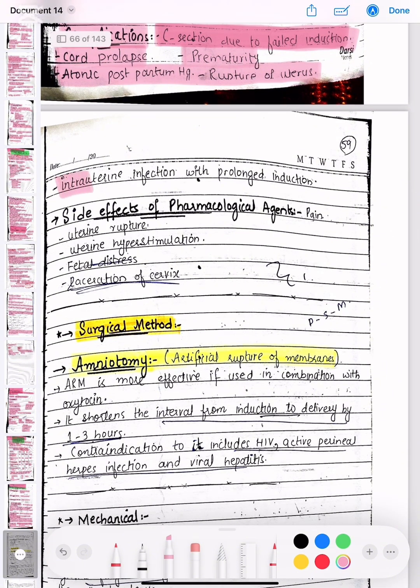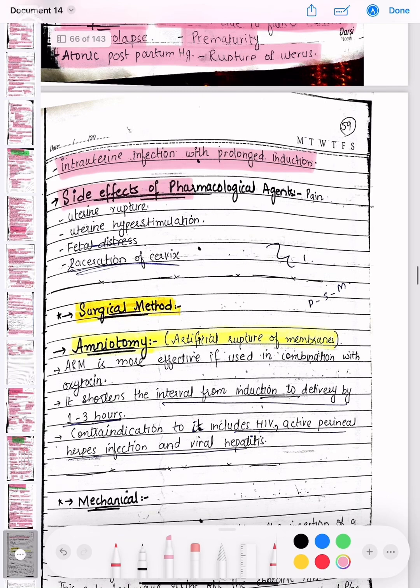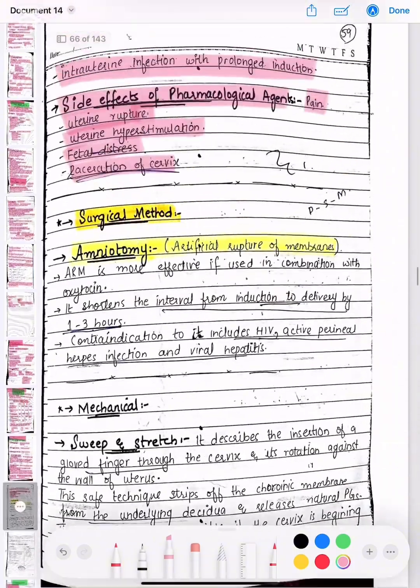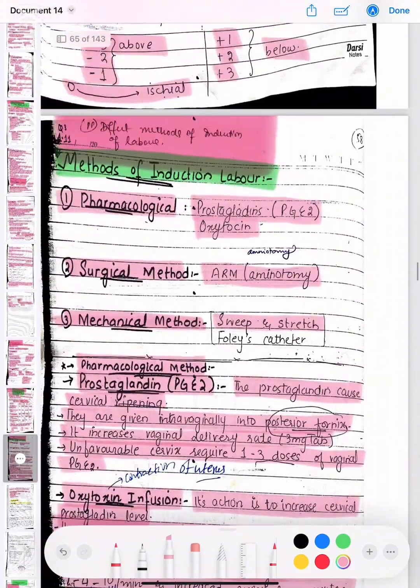Then the intrauterine infection with prolonged induction. The side effects of the pharmacological agents are pain, uterine rupture, uterine hyperstimulation, fetal distress, and laceration of the cervix. Okay, so this was the pharmacological method for the induction of labor.